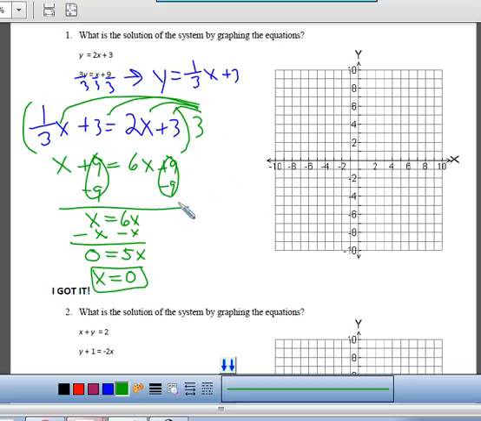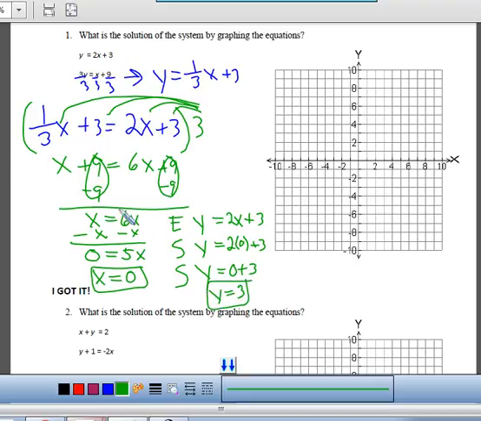Let's go ahead and use the first equation. y equals 2x plus 3. And if I substitute 0 in for x, I get y equals 0 plus 3, or y equals 3.